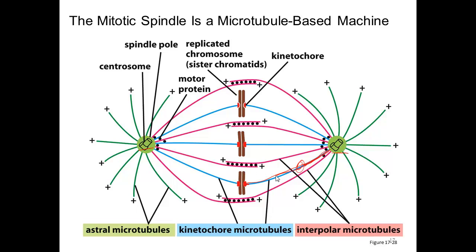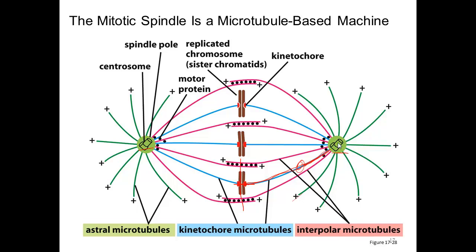Eventually, it will just be pushing out the chromosome until it has a chance of hitting another microtubule originating from the other centrosome, and then a balancing of forces will naturally lead to a central location here for the particular chromosome.